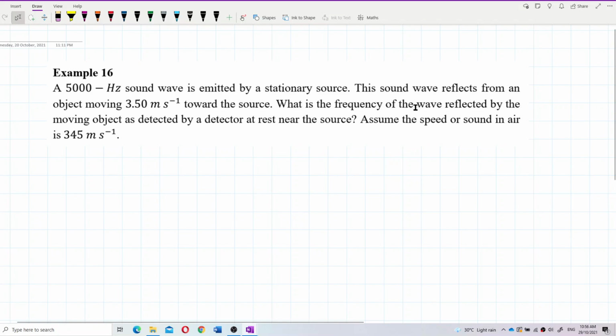What is the frequency of the wave reflected by the moving object as detected by a detector at rest near the source? Assume the speed of sound in air is 345 meters per second. (Again, there is some grammar mistake in the question.)